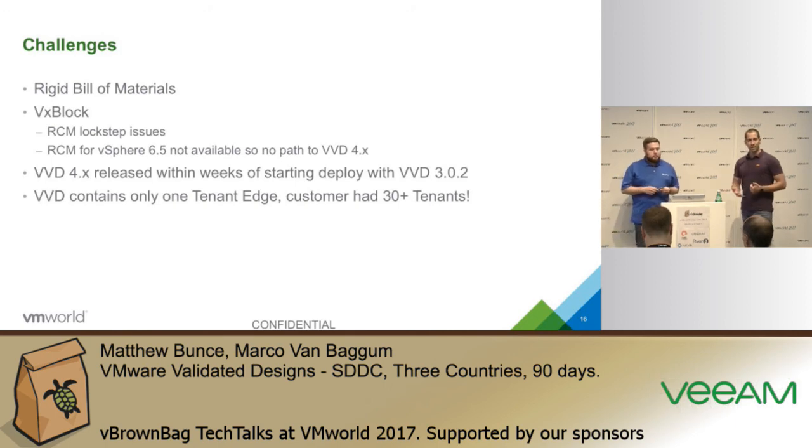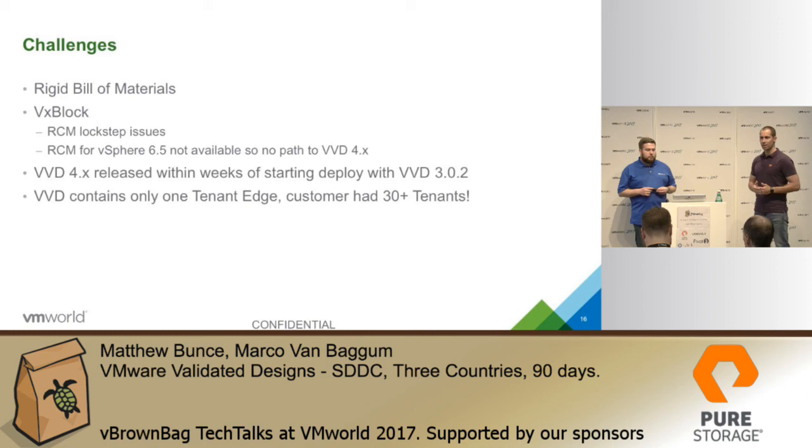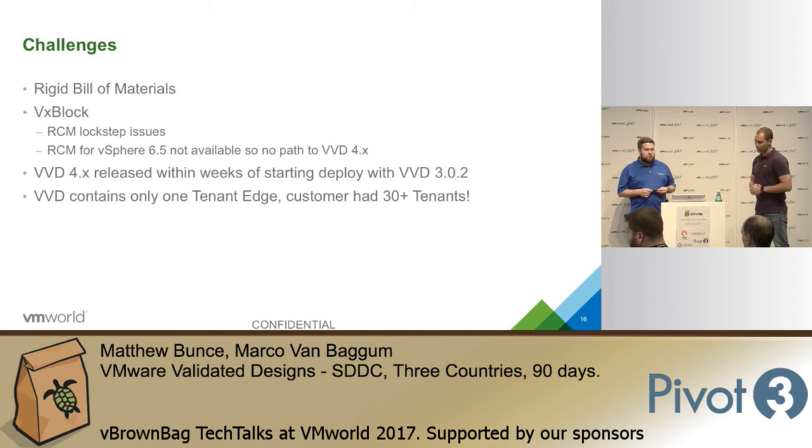Because we deployed everything on VX blocks, we have some issues with the RCM lock step. The VMware Validated Design that we used was based on 3.0.2, and actually when we started the project, version 4 was released, but due to the time constraints, we could not get the VMware Validated Design 4 deployed.